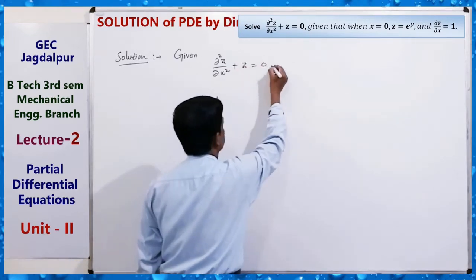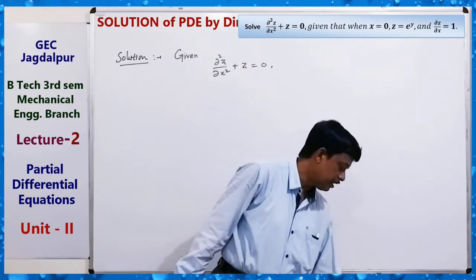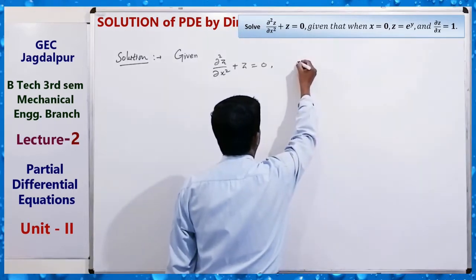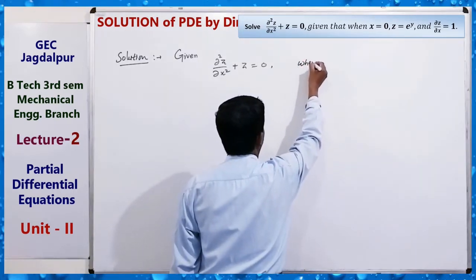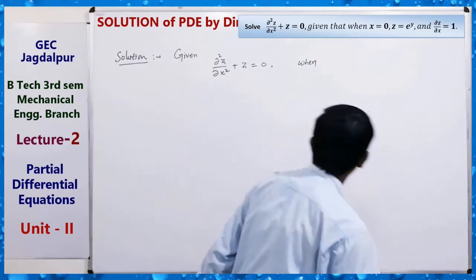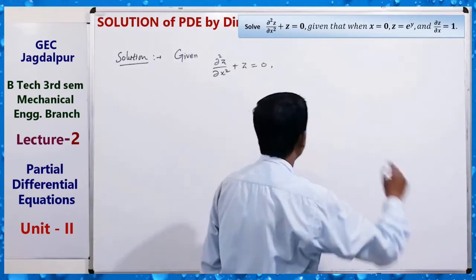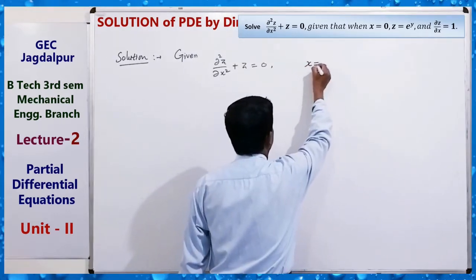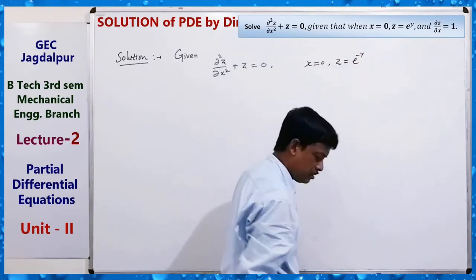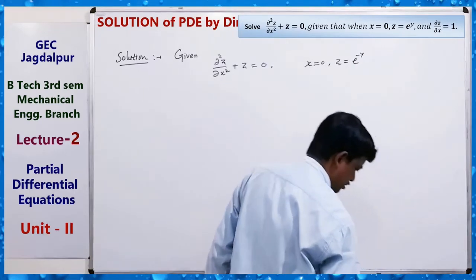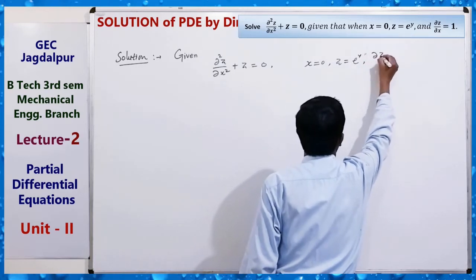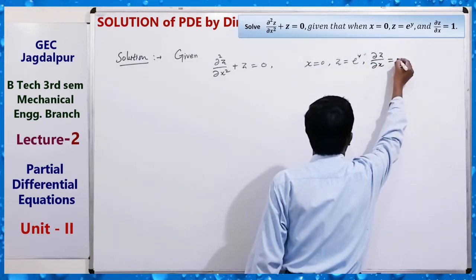Here it is also given that when x equals to 0, z equals to e to the power y and del z by del x equals to 1.